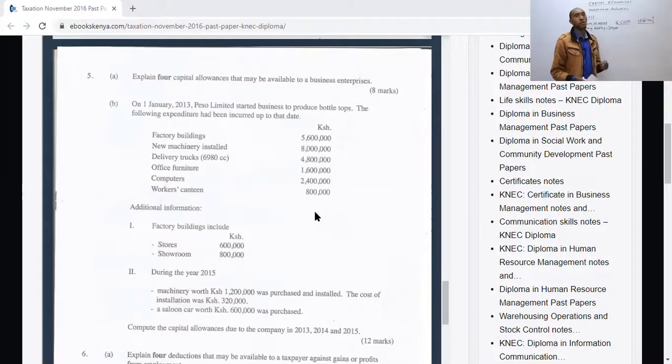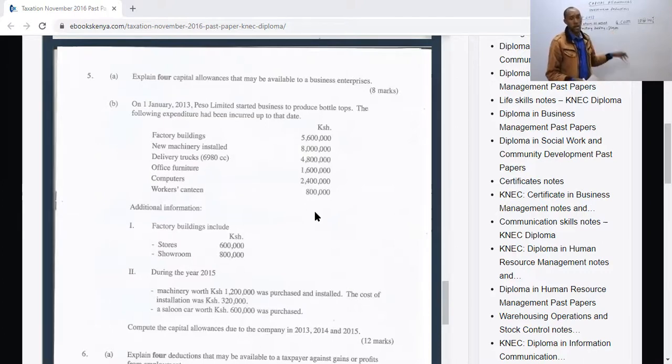Then also in the investment deduction, there's an NB, a point which we also talked about. We said there are some assets which can only be included in the investment deduction if they do not exceed 10% of the cost of building the factory.